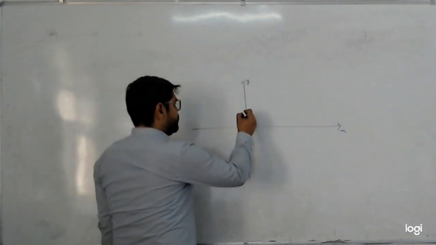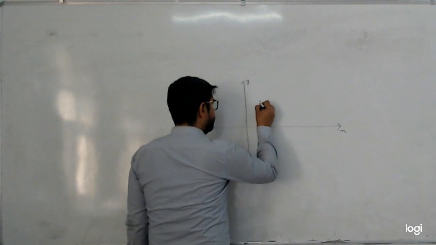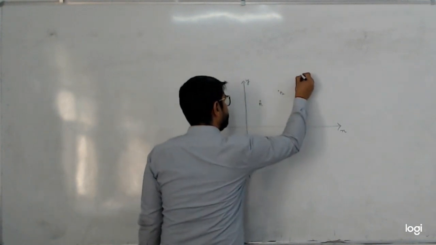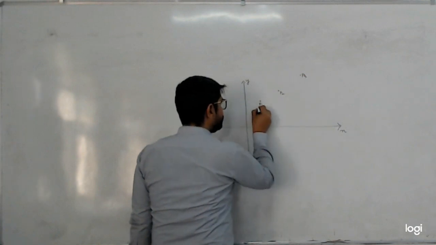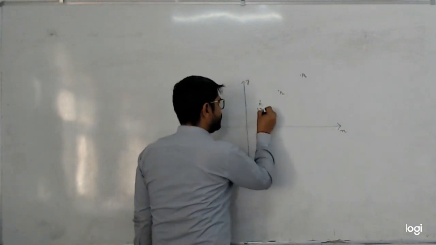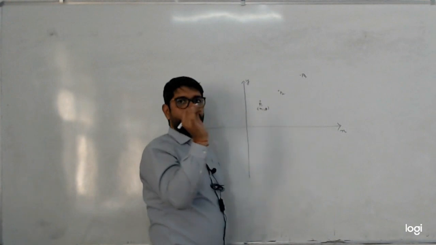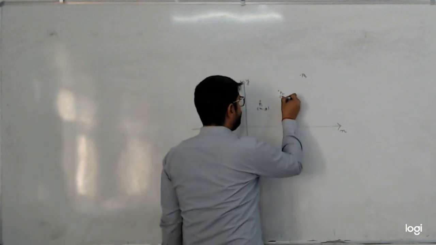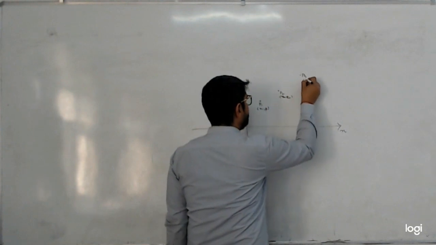And suppose I am given 3 points. Say P1, this is say P2, and this is say P3. The coordinates of point P1 are say x1, y1. Coordinates of point P2 are say x2, y2, and the coordinates of point P3 are say x3, y3.